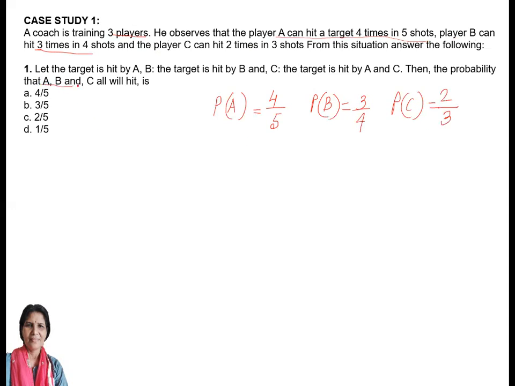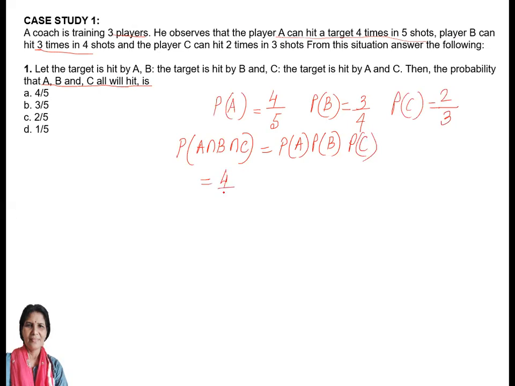What is the probability that A and B, C all will hit? So all will hit means probability of A as well as B as well as C. And they are doing it independently. So all these are independent events. So I'll write PA, product PB, product PC. Just multiply here.